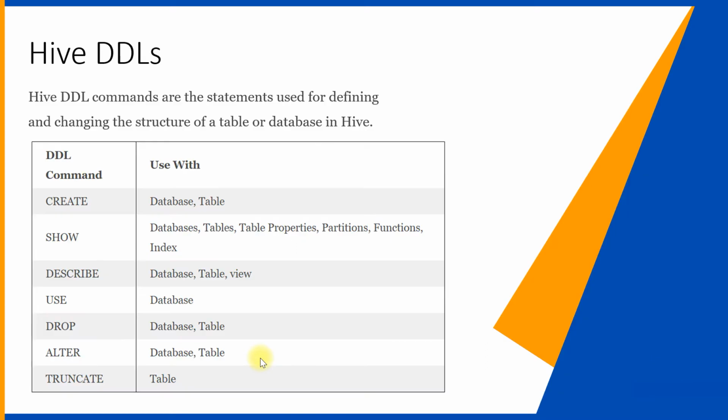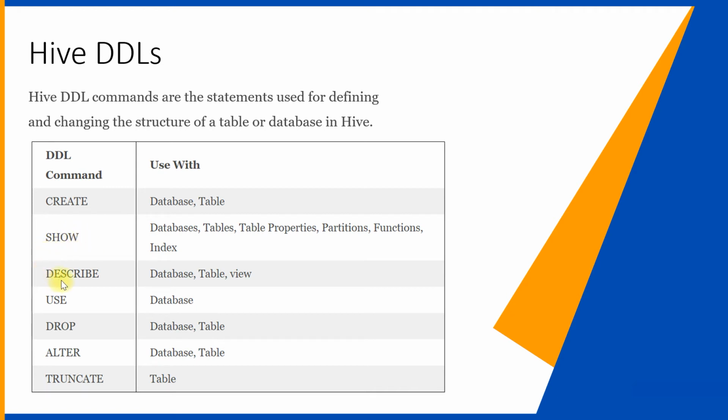So let's move on. We will look at the Hive DDLs. So DDLs are nothing but data definition languages. Data definition languages are something that you use for defining or changing the structure of a table or a database in Hive. So let's say if you want to create a new database, you make use of the create DDL, right? If you want to see what tables or databases exist, you make use of show.